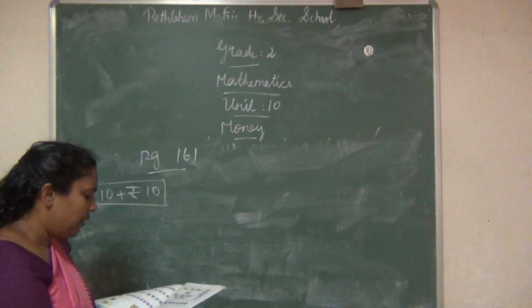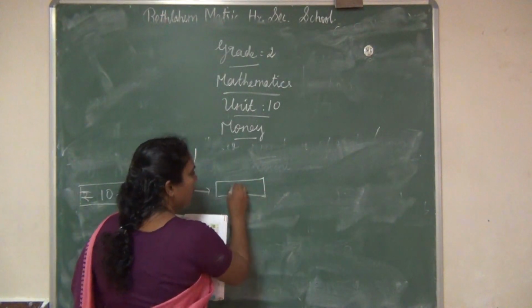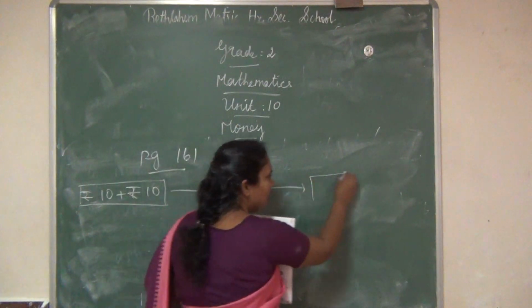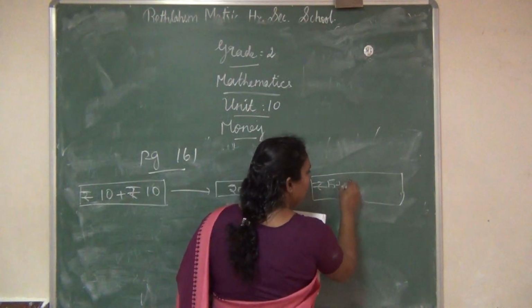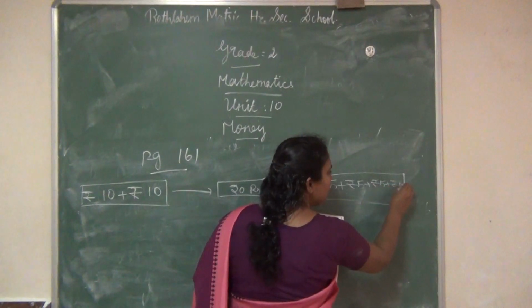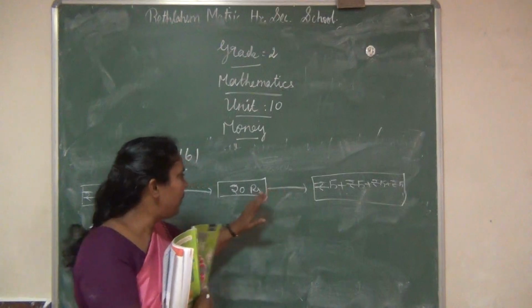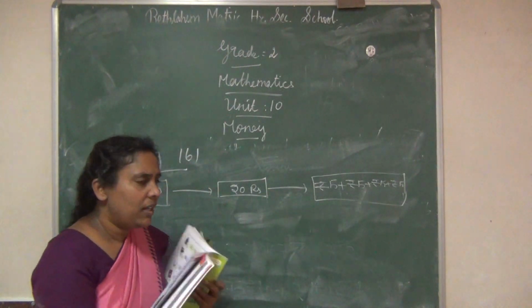And the next side you should write as rupees 5 plus rupees 5 plus rupees 5 plus rupees 5. Okay. If you add 4 times 5, we will get the answer rupees 20. Have you understood? Yes.